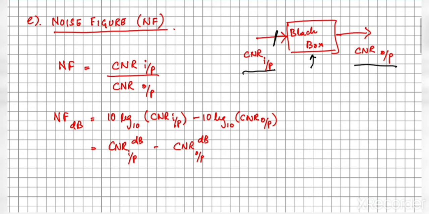But in general, real life RF components or complete subsystems will always add some additional degradation, additional noise into the signal, which will degrade the carrier to noise ratio at the output as compared to the input, leading to a noise figure value which is always greater than 1 or greater than 0 dB.